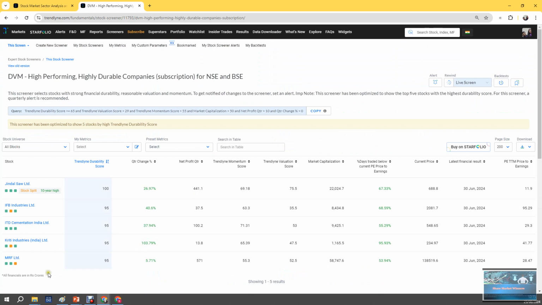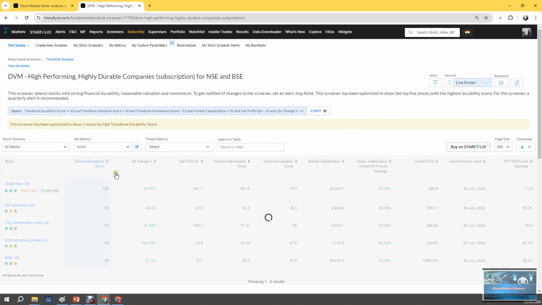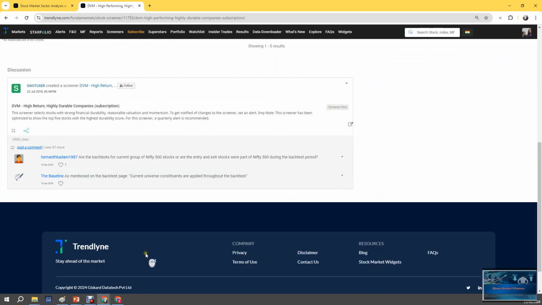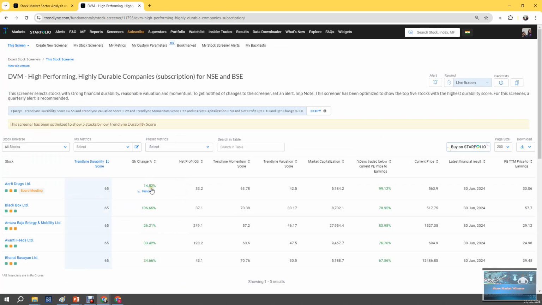In that, you will have a list of 5 stocks listed based on the scores they have given, so you can see the trendline durability score. I don't know whether it gives the details on what criteria or parameters they are choosing for this high durability, so we will not know on what basis they are giving the rating.